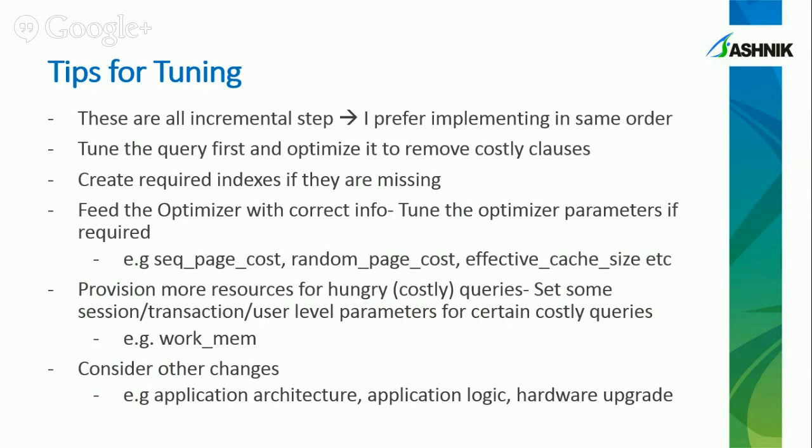We'll also be looking at some of the indexing tips, and then I optimize some parameters: sequential page cost, random page cost, effective cache size, etc. These parameters are kind of inputs to your optimizer, and it is very important to set them correctly. We are not going to discuss them today, but we will definitely discuss them in one of our upcoming sessions.